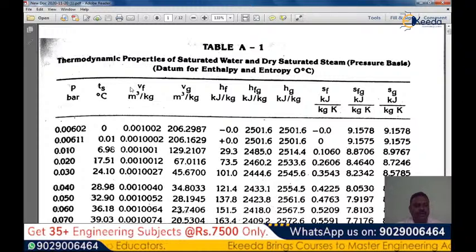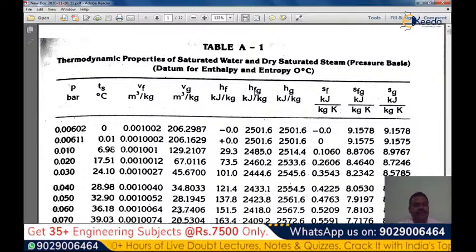The third column is VF, the specific volume of saturated water. VG is the specific volume of dry saturated steam. HF is the enthalpy of saturated water.